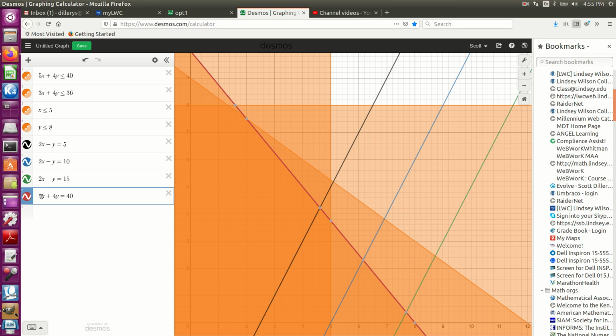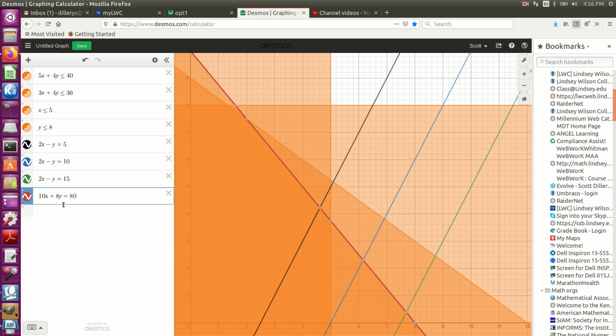Now you may not know it, because for instance, I could have had this be a 10, an 8, and an 80, where I just multiplied everything up here by 2. So it doesn't quite look the same as my constraint up here, but it really is the same line. And so your objective could actually be the same as one of your constraints.